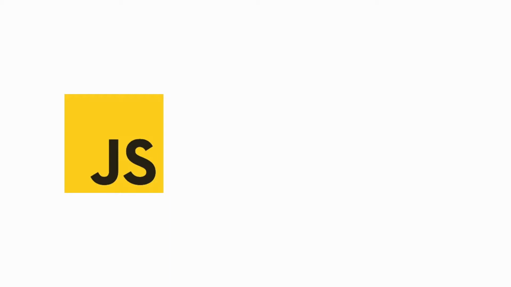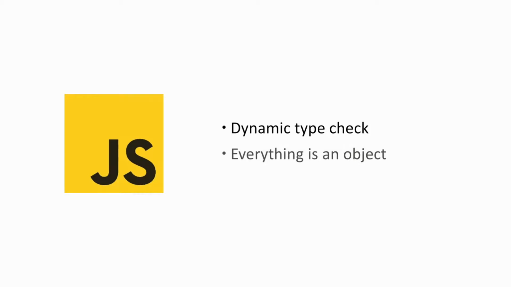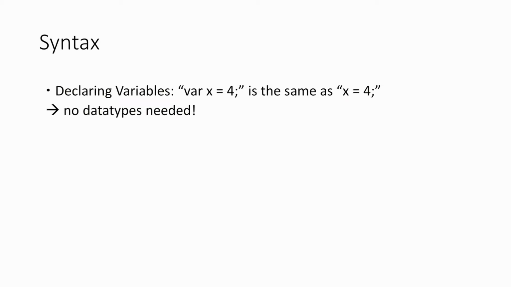Next up is JavaScript. There are three important things you should know about JavaScript. The first one is it's dynamically type checked. Everything in JavaScript is an object, and it has very similar syntax to C. So here's an example of how you declare variables in JavaScript.